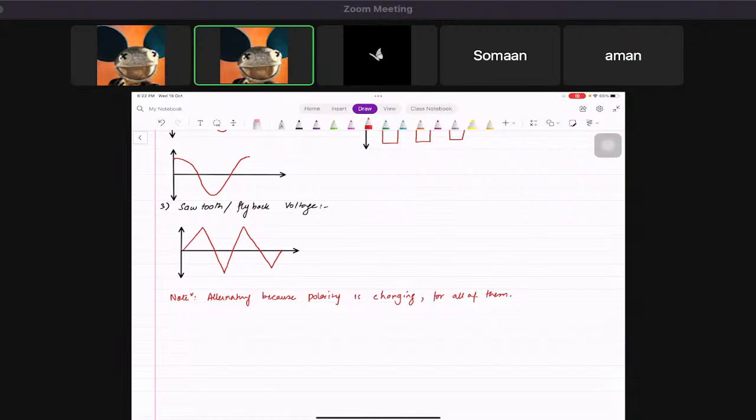We simply, please show rectangular voltage again. Yeah, okay, you can take it. I'm sorry, you can draw this.